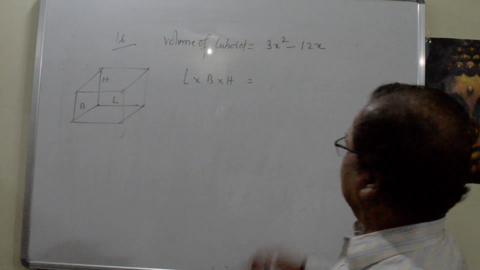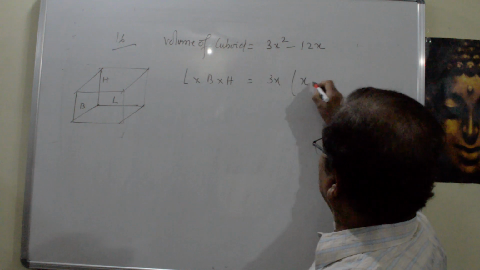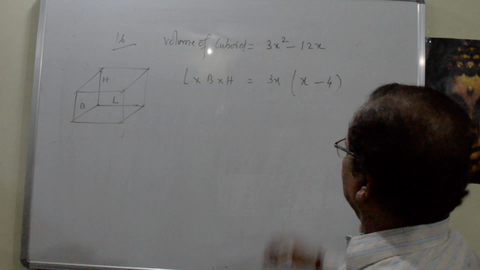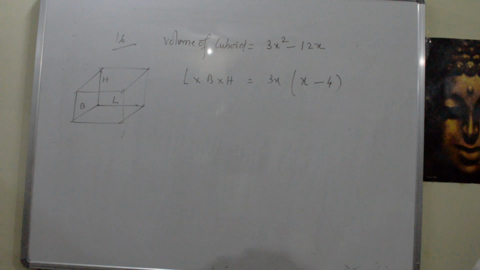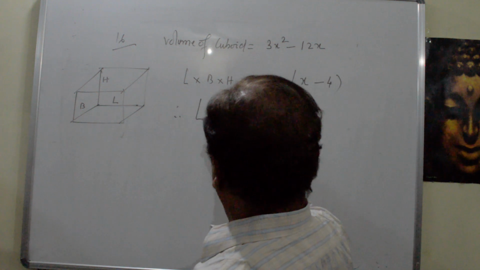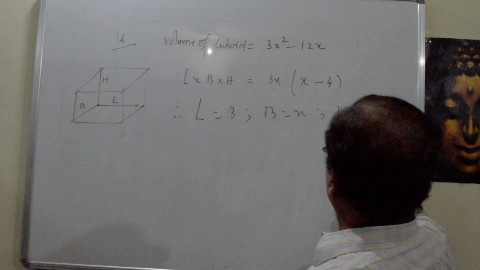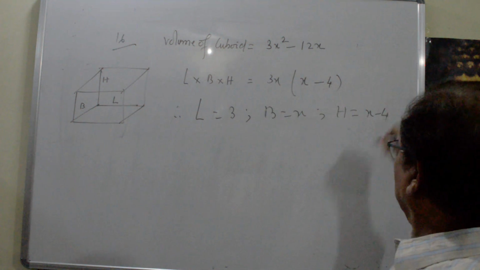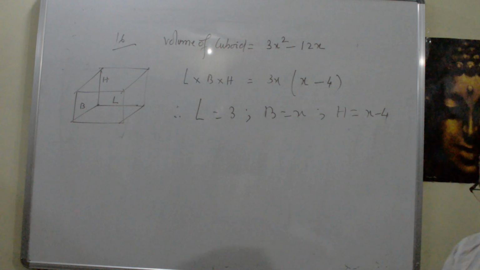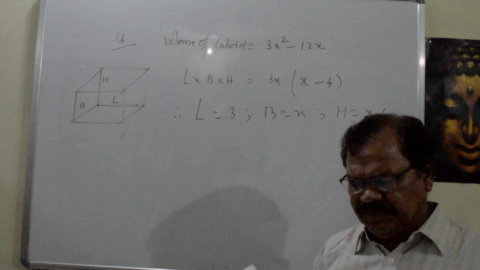So let us first take 3x common here. So we are getting x minus 4. Now automatically it has been broken down into 3 factors. Therefore length is 3, breadth is x, and height is x minus 4. So these are the expressions for the length, breadth and height. These are the possible dimensions.